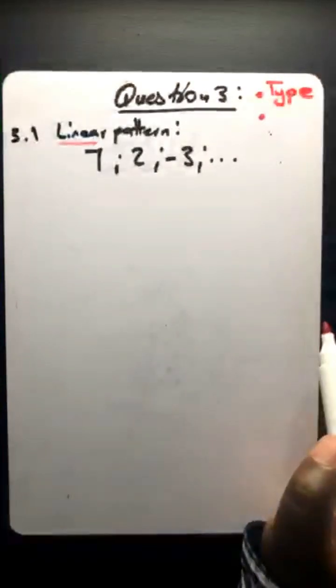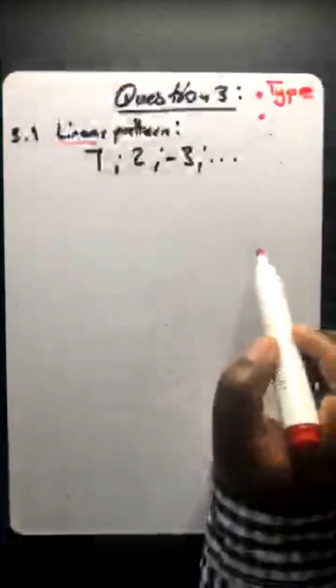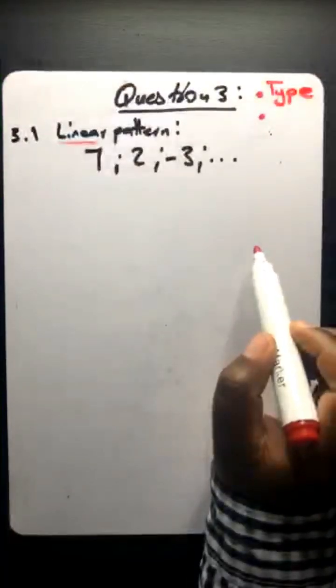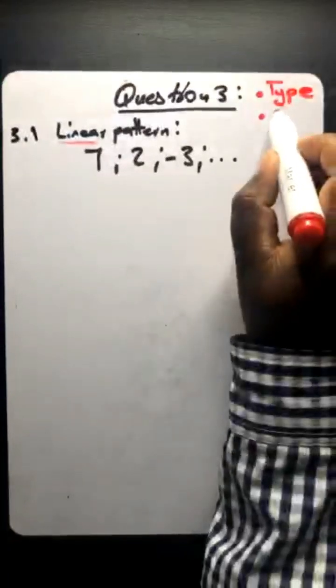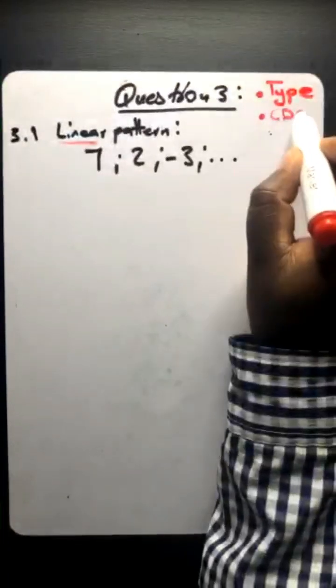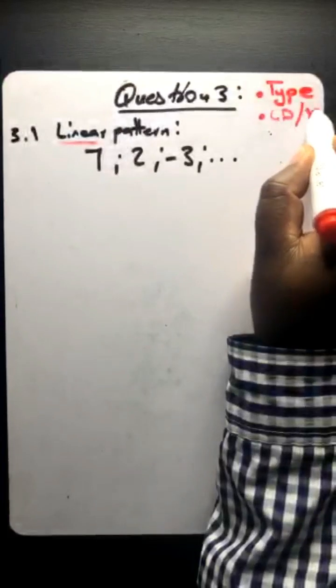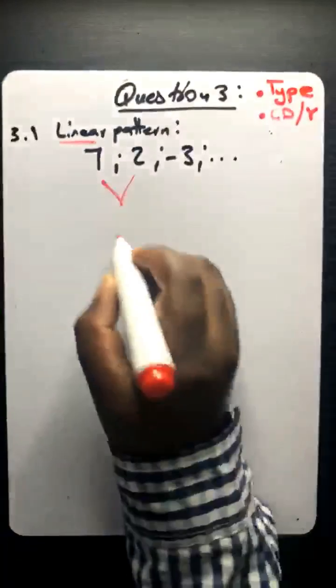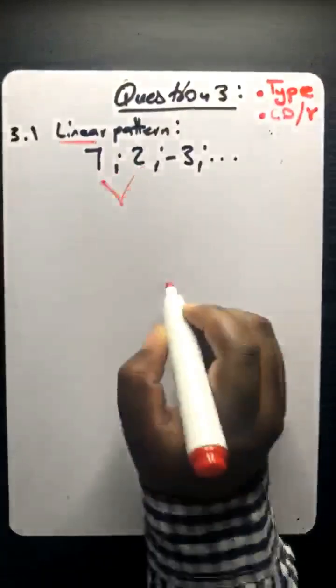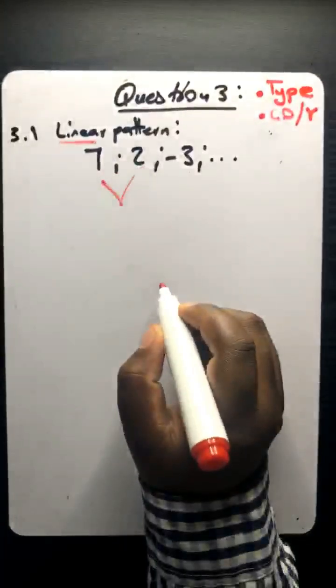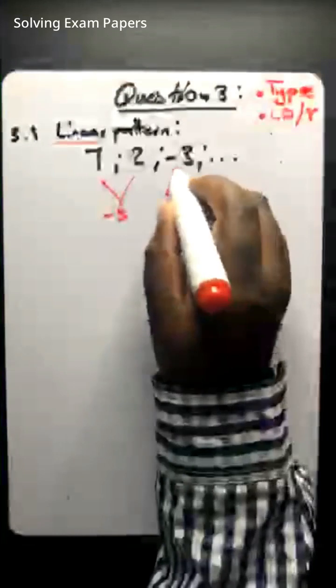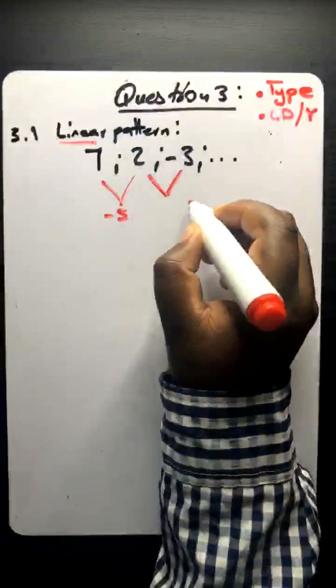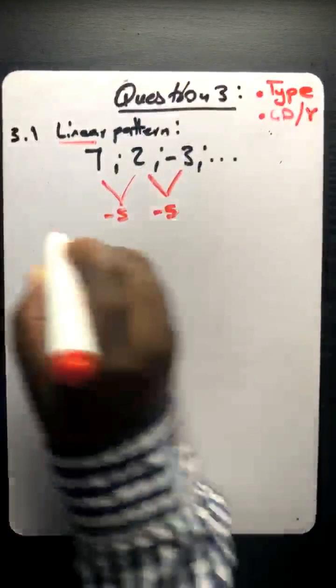Now, in this case, do we know the type? Yes, we do. How did we know? Because it was specified to say this is a linear pattern. Now that we do, the second step that you need to do is to find the common difference or the ratio. So what do I mean by that? Before you start looking at the questions, do this. Say 2 minus 7. What is that? I think it is -5. Do this. What is -3 minus 2? It's -5. So can you see?